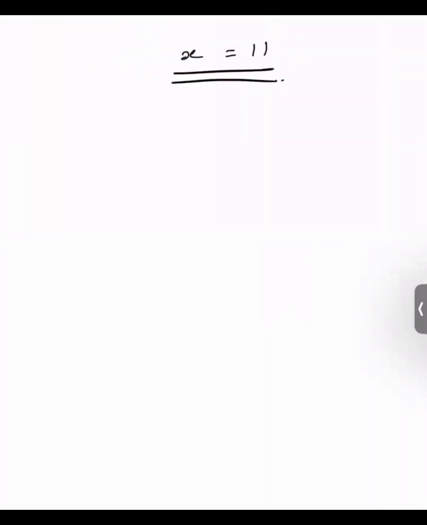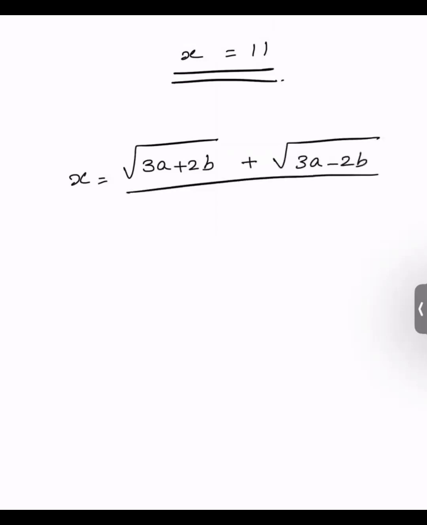Question is, if x is equal to root of 3a plus 2b plus root of 3a minus 2b divided by root of 3a plus 2b minus root of 3a minus 2b.